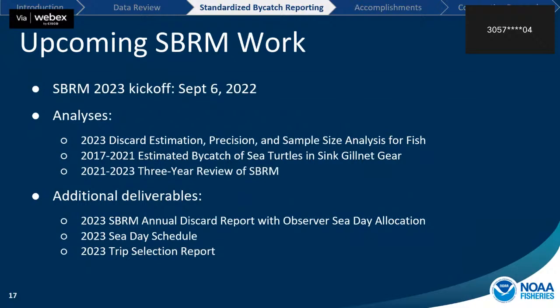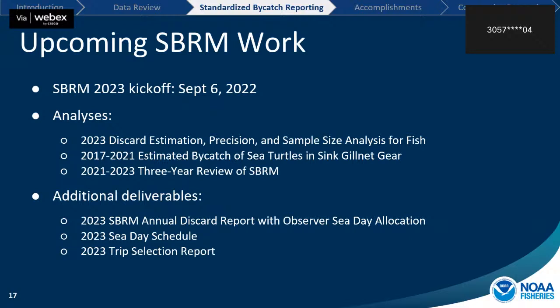So our SBRM kickoff for the next year started on September 6th. That's where we begin to go over our timeline. We work with our GARFO partners, as well as our project partners and internal partners to make sure that we are set and ready to go with meeting our timelines. We try to identify any hurdles we may need to cross. With that, we have an analysis that comes out of the SBRM each year.